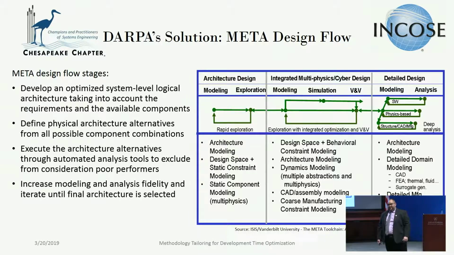You would start getting alternatives that didn't pass your previous stage of analysis out of consideration until eventually you ended up with a reduced set of architectures that are now going into a trade study. Or potentially, if your analysis fidelity is high enough, you would execute this as the trade study and optimize on architecture.